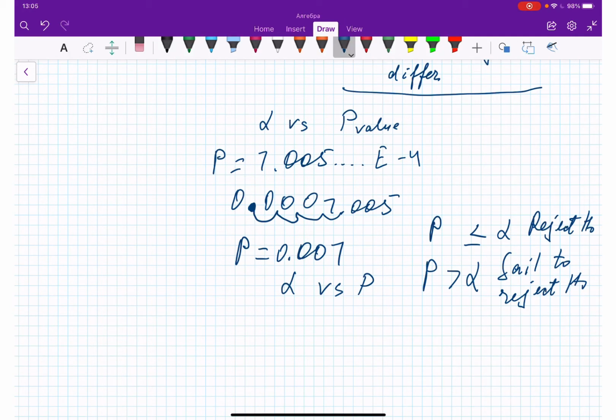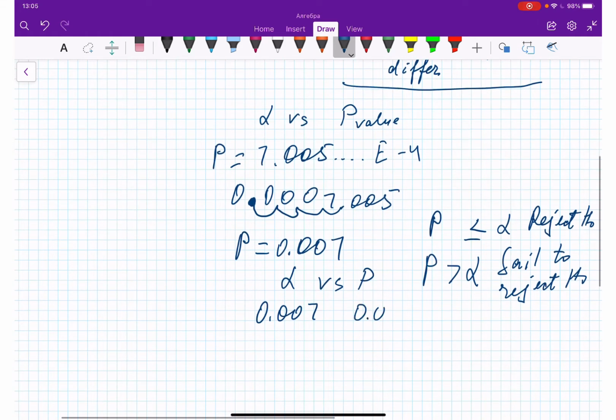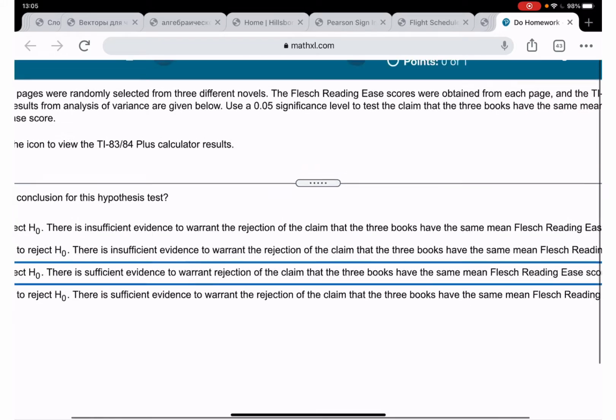So we have the p-value 0.0007, alpha is 0.05, and we put the less-than sign, right? The p-value is less than alpha. We reject the null hypothesis.